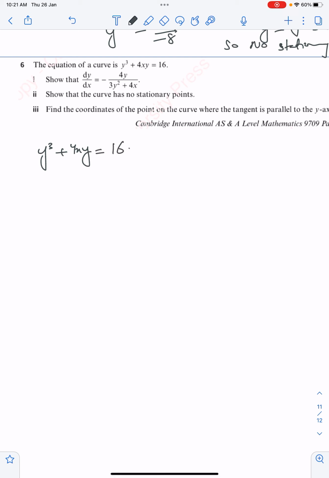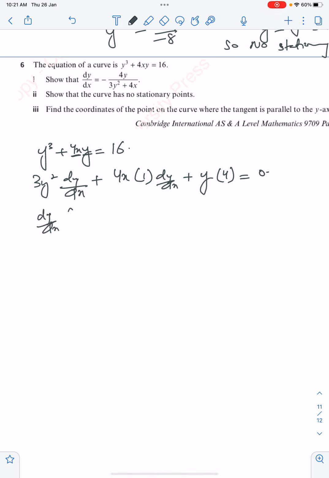If I have to find the differential of this, I write 3y squared dy by dx. I'm doing implicit differentiation, plus, taking it as two functions, first as it is, differentiate the second one, plus second as it is, differentiate the first one, equals 0. For dy by dx, I'm taking out 3y squared plus 4x as common, and shifting 4y onto that side.